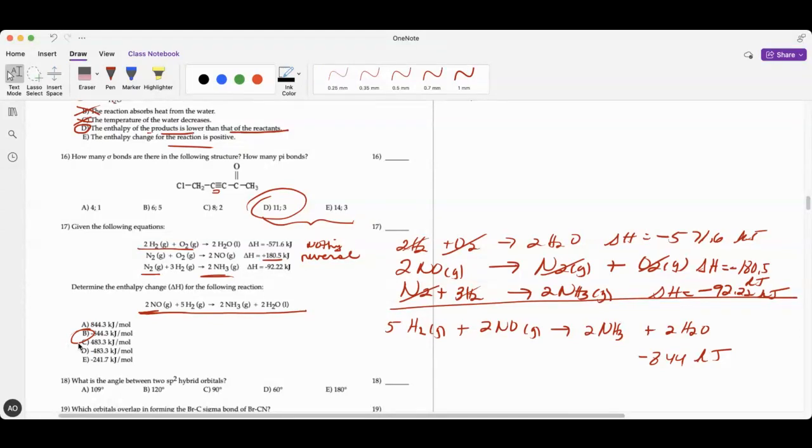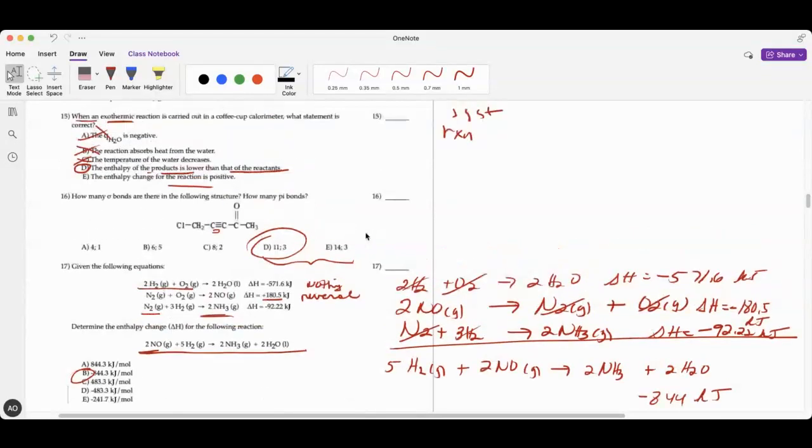Can you explain the 11 sigma bonds? The 11 sigma bonds? Yeah. So, okay. What you should do is, if you're given a larger molecule like this, go ahead and draw it out. Take the time to do that. And you have the carbon triple bond, you have the carbon oxygen double bond, a carbon, and then 3 hydrogens.